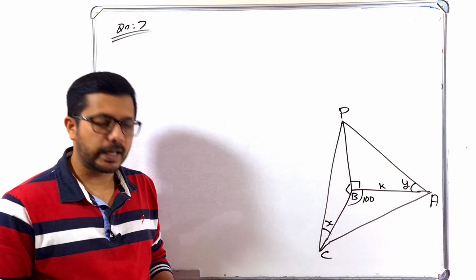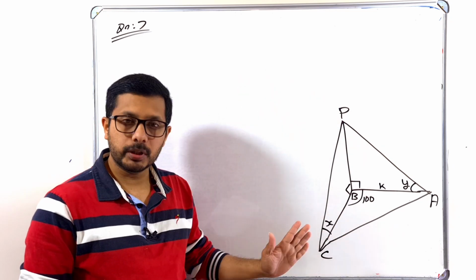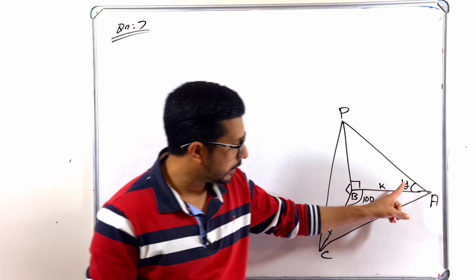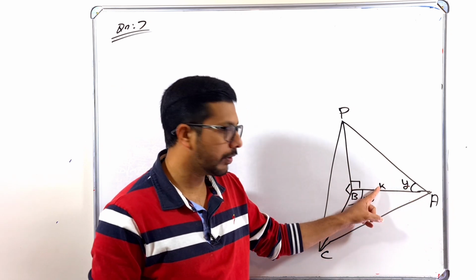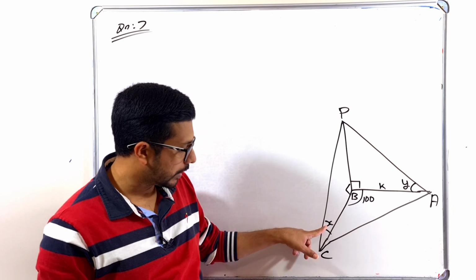Okay, so this is the diagram given, and they are saying that this is a vertical netball pole. This angle is y, and this distance is given as k, and one angle is given 100 degrees, and this angle is x.